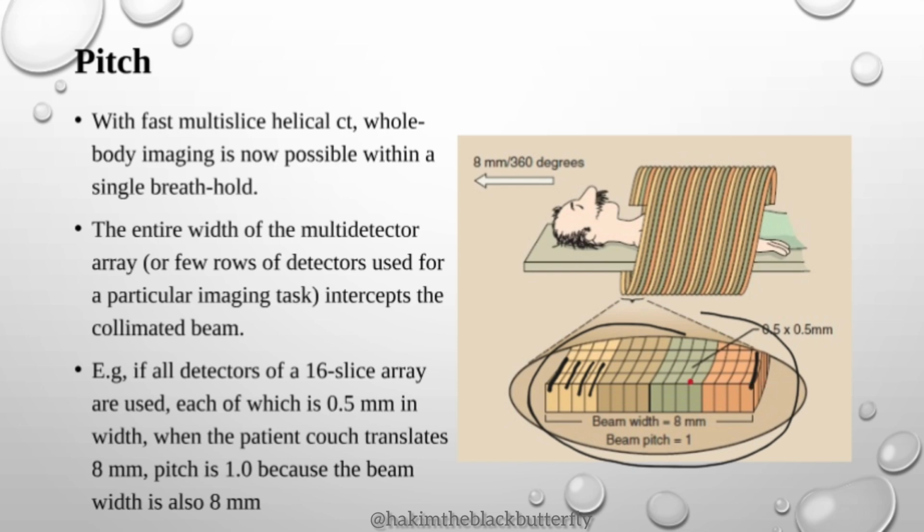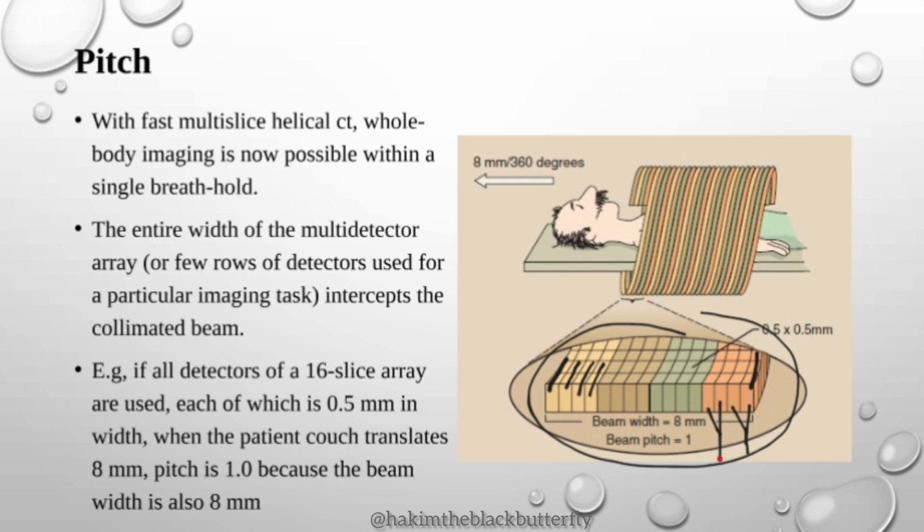For example, this one is a 16 slice CT because there are 16 rows of detectors. We can use a 16 slice CT and create only 8 slices. That means the system is using information from two rows to create just a single slice. It can take information from these two, creates one slice, these two creates one slice.